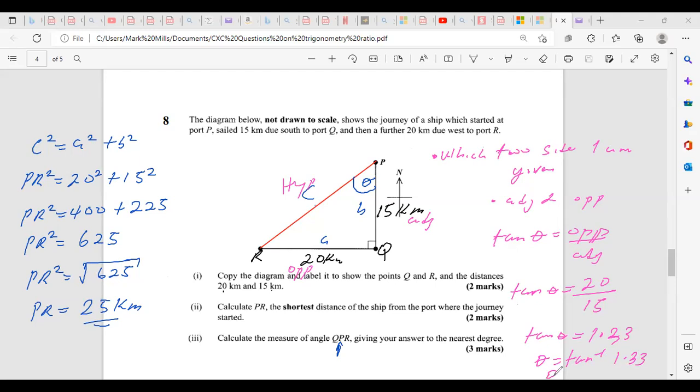What do we get for the answer? 53.12 degrees. They say to the nearest whole number, so that would be 53 degrees. Angle QPR will be equal to 53 degrees, right?